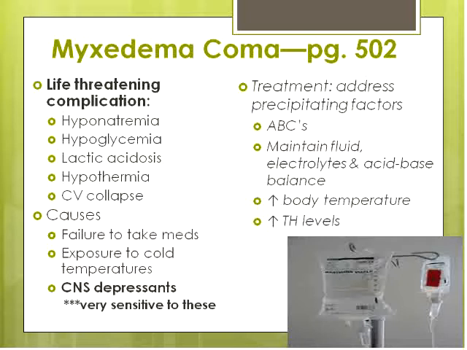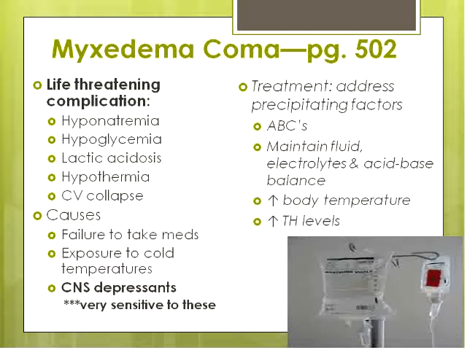Cardiovascular collapse. So when we talk about cardiovascular collapse, what are we talking about? The heart. So we already have the bradycardia, even slower, potentially life-threateningly slow, and low blood pressure, right? So the causes: they don't take their meds. Notice this one: exposure to cold temperatures can create this.